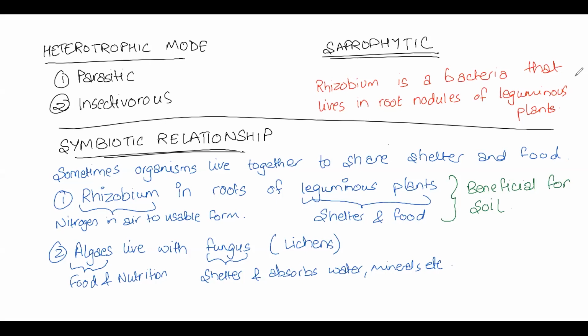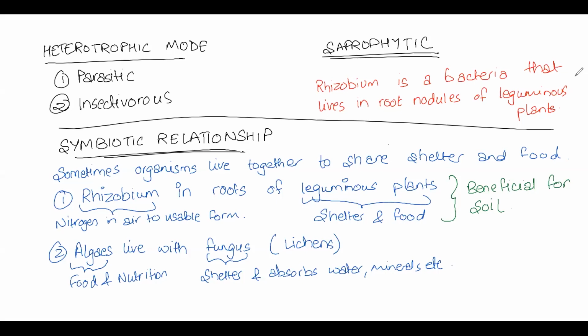Can you just explain to me heterotroph? So heterotrophic mode of nutrition is the mode of nutrition where the plant cannot prepare its own food. They depend on other plants or animals for their food. Under heterotrophic mode, we discussed two things: the parasitic plants and the insectivorous plants.